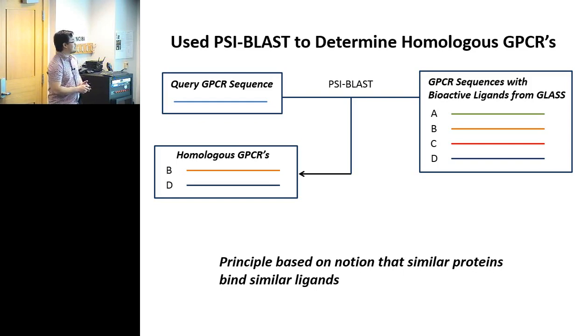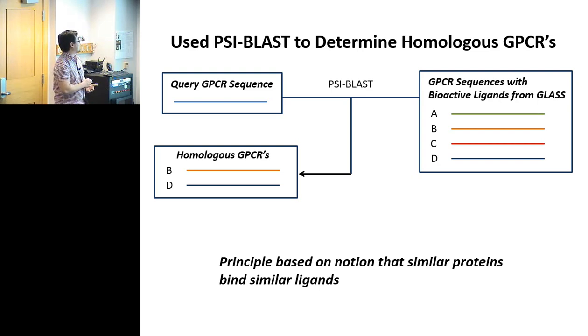And let's say, for example, we have GPCRs A, B, C, and D here, and let's say after PSI-BLASTing here, we have B and D considered homologous. So in this case, hopefully, probably functionally similar, because this really relies on the assumption that similar GPCRs will bind similar ligands, right?